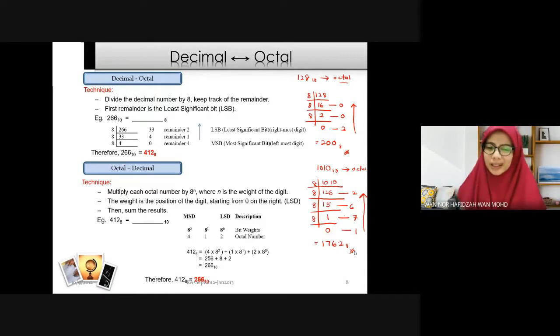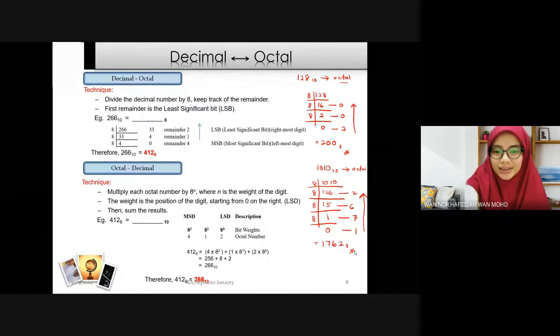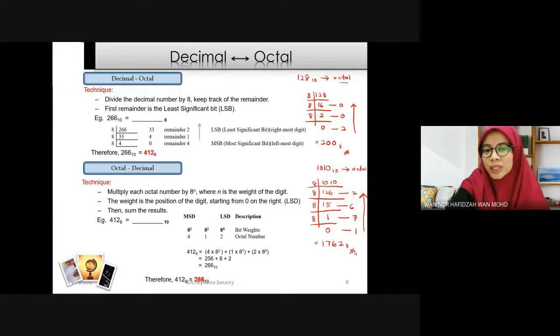Madam, why does it say LSB? Because from octal to decimal it mentions digit. The bit refers to binary only. So is it actually allowed? Yes, it's the same. Some say LSD, some say LSB, but usually we say least significant bit. Why does it say LSD below? Either it was a typo or it means least significant digit. Either is fine, it's the same.